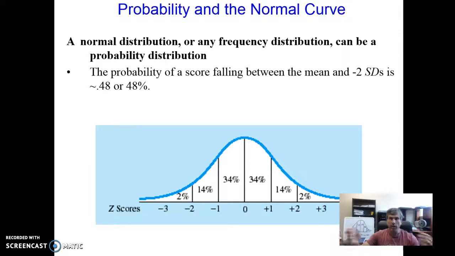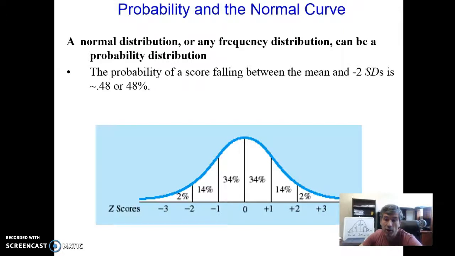So here's the thing. Any frequency distribution can also be a probability distribution. Remember, probability is just a measure of relative frequency. So how frequent or infrequent things are also reflects the probability that you would find a score from that group at random. For example, the probability of a score falling between the mean and two standard deviations below the mean would be 34 plus 14, or 48%.